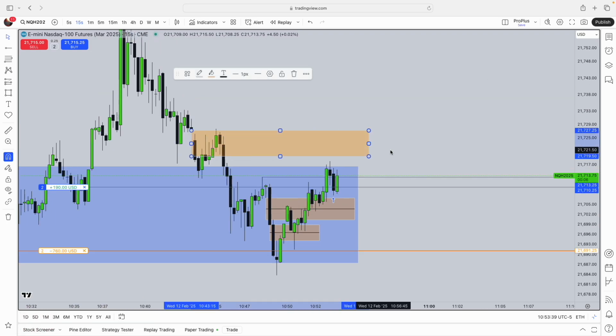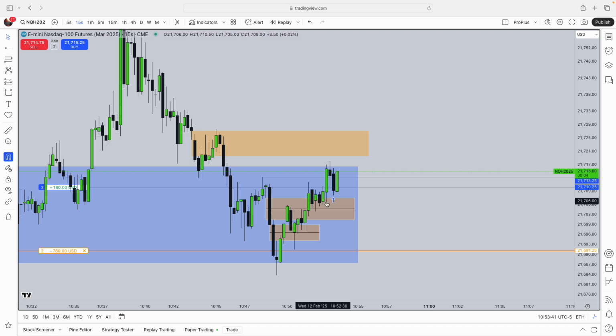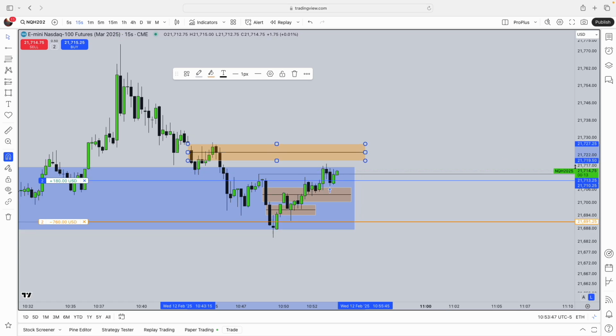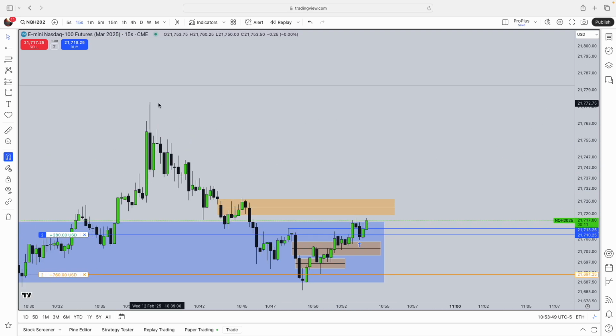Now, if price starts trading higher than this, I want to see the exact same thing happen, so the midpoint of this. Then I know that we're truly onside to want to run for this buy side here.